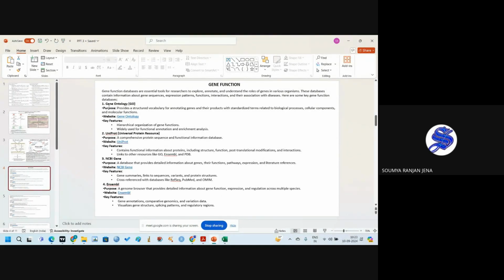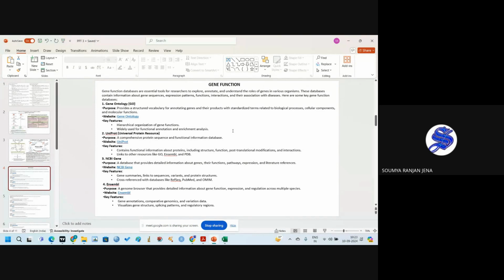If we go to the gene ontology, this database provides a structured vocabulary for annotating genes and their products with standardized terms related to biological process, cellular components, and molecular function. These databases are freely available on Google, and you can use them anytime.